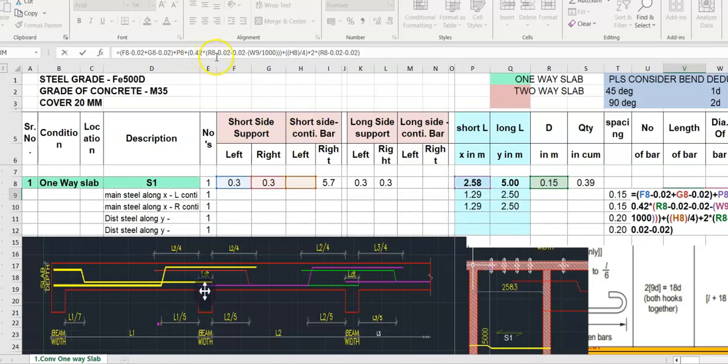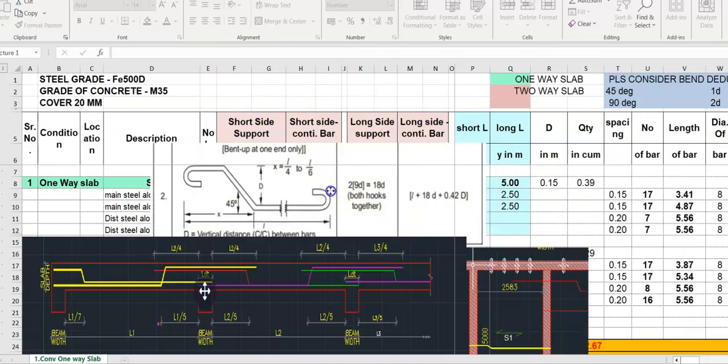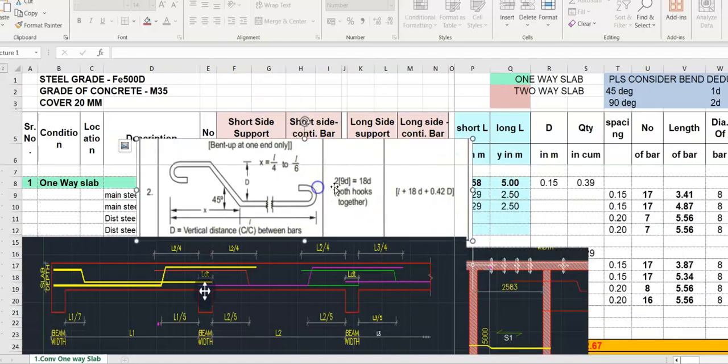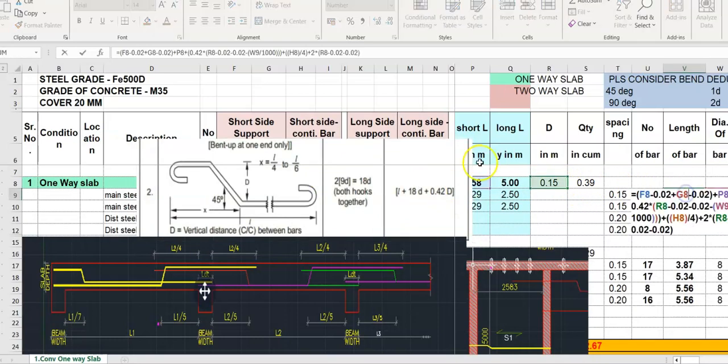into R8, the depth, minus both side cover, top and bottom, minus one side dia. I will show you. Guys, this is our IS code IS456. Here the condition is 0.42D.